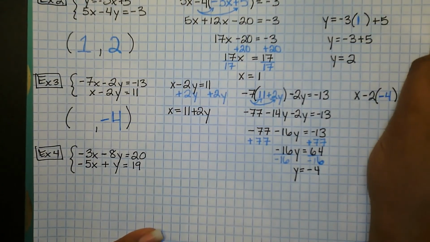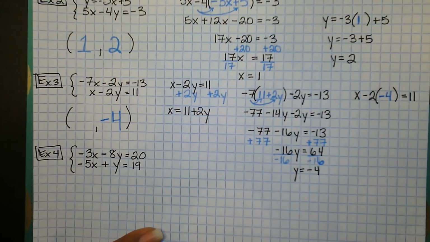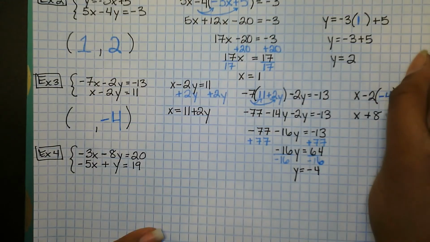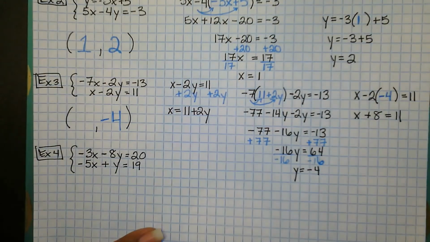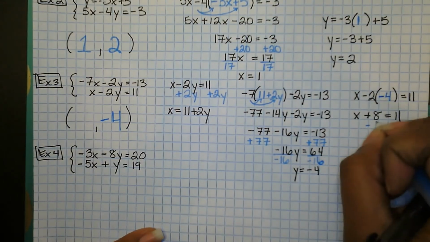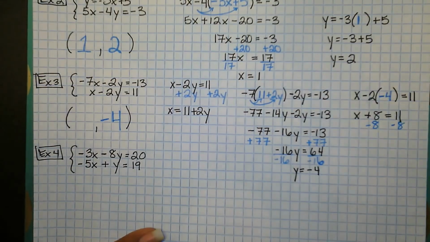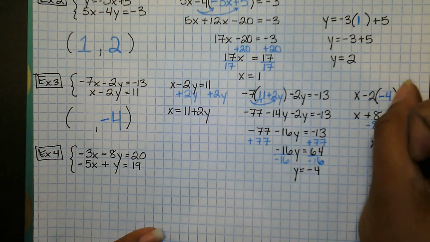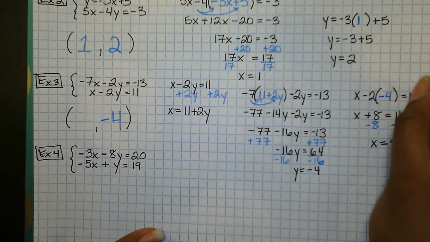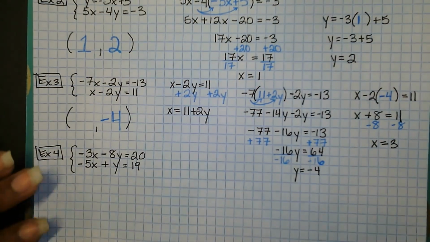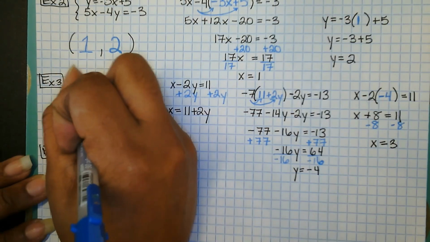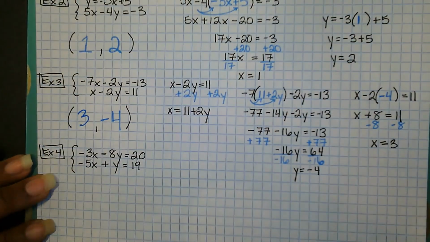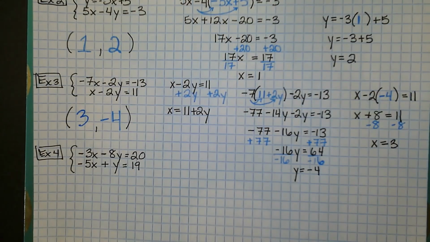And that's equal to 11. So after we subtract 8 from both sides, x will be equal to a positive 3. So our answer, or the solution to the system in example 3, is 3, negative 4.